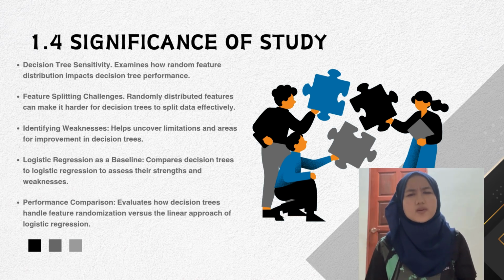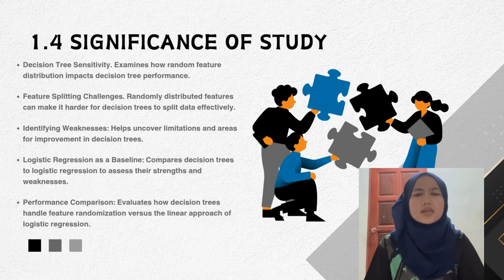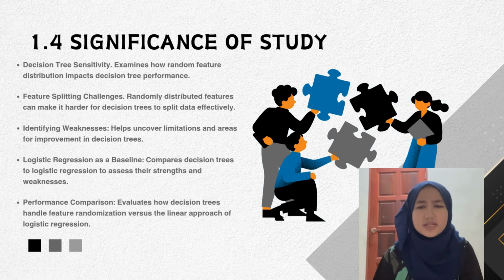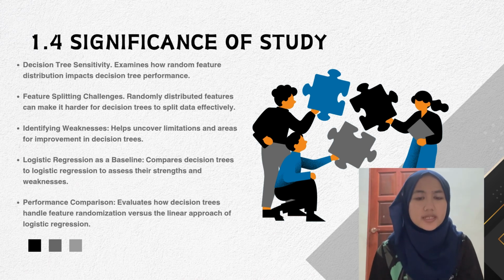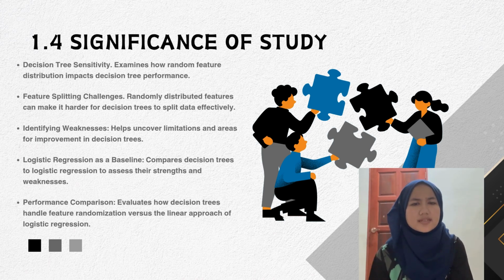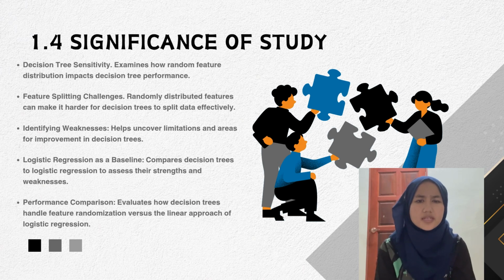Then, identifying weakness helps uncover limitations and areas for improvement in decision tree. Then, logistic regression as a baseline: compare decision tree to logistic regression to assess their strengths and weaknesses. And then, performance comparison: evaluate how decision tree handles feature randomization versus the linear approach of logistic regression.